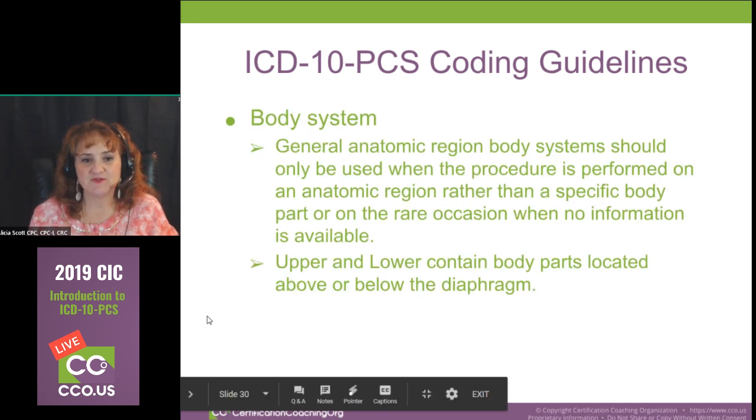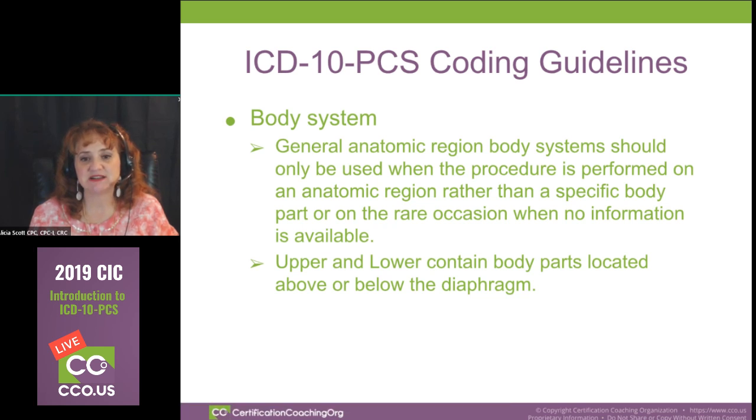Body system is very, very important, because it gives us that anatomical region. If we're not in the right body system, we're not going to get the root operation. But for the most part, I think you're not going to have any trouble with body systems. It just makes sense to us if we know our anatomy and terminology.